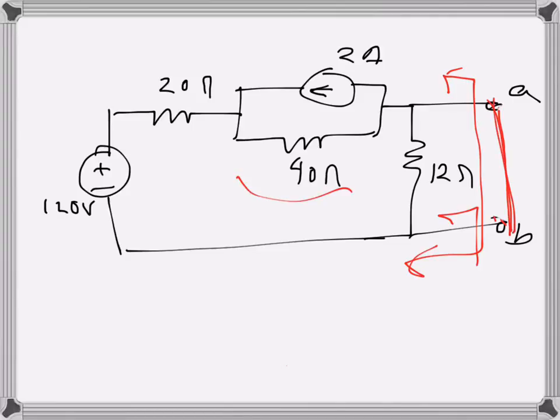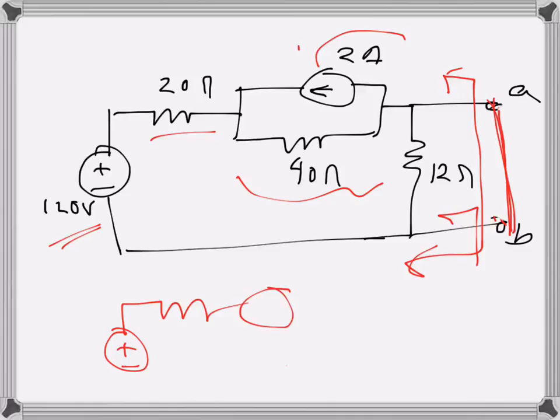Now when we look at this part of the circuit, we can see there is a voltage source and a series resistance, and this one is a current source and a parallel resistance. So for ease of finding, we will convert this current source and the parallel resistance into a voltage source and a series resistance, by source conversion.